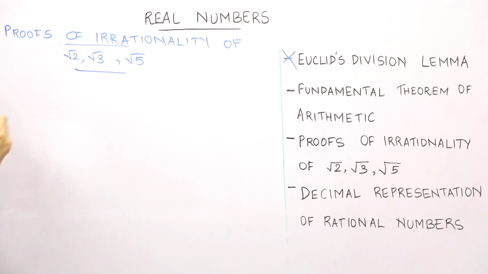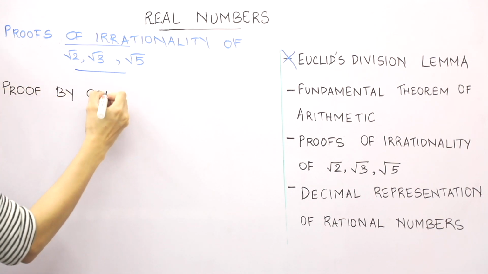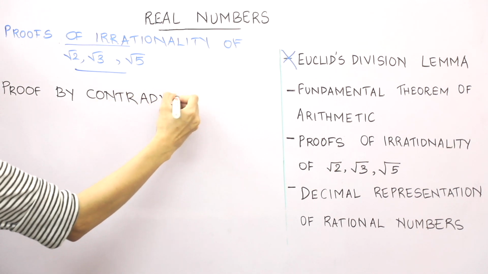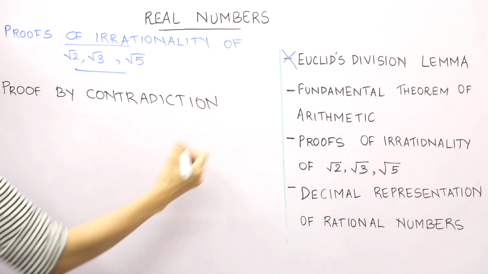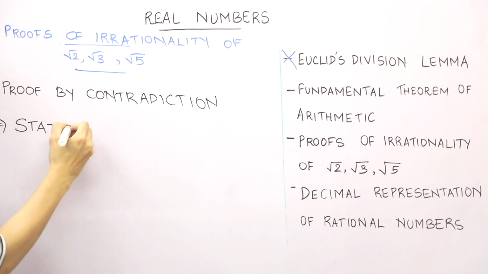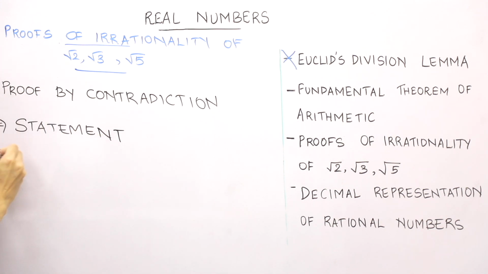The method used for the proof is called proof by contradiction. What is a contradiction? Contradiction means the opposite or a counter statement. In proof by contradiction, suppose we are given a statement to prove. We would first assume that the statement is not true.